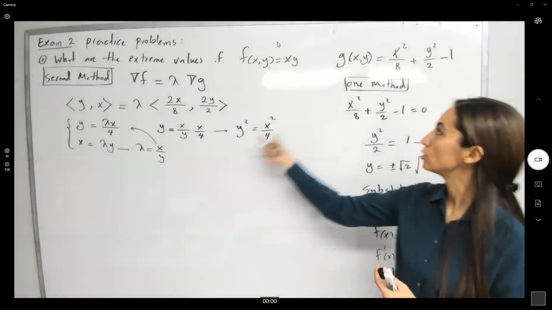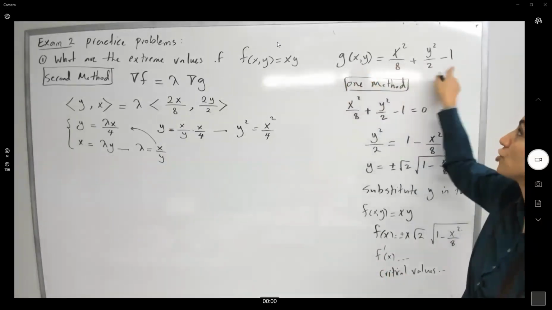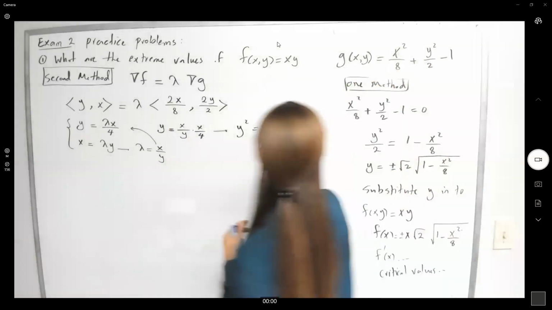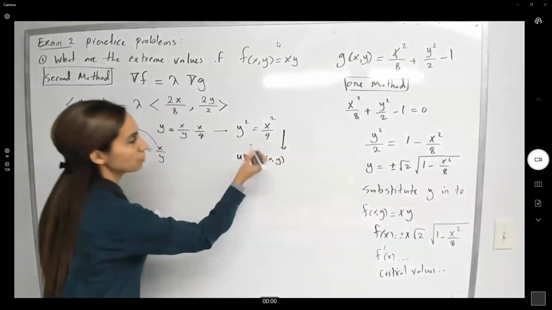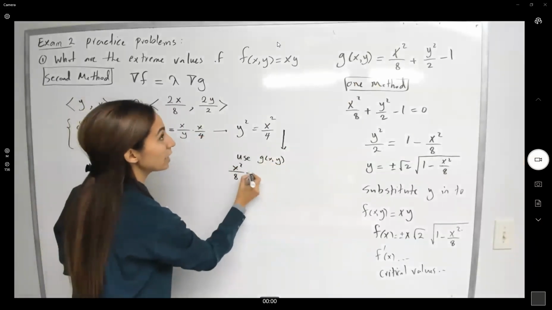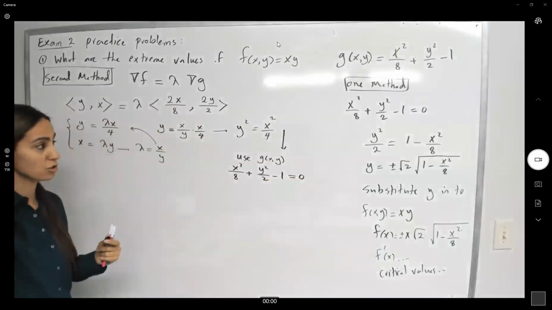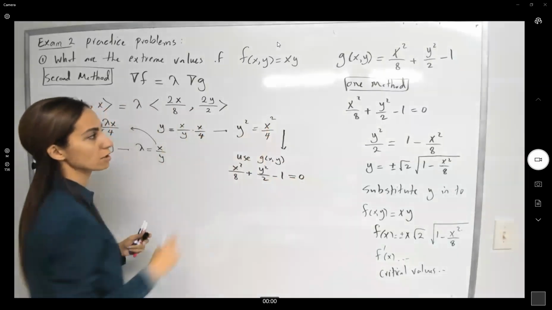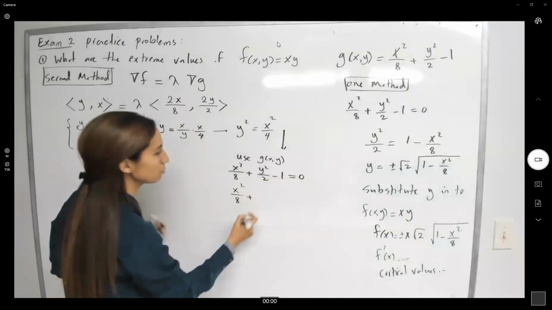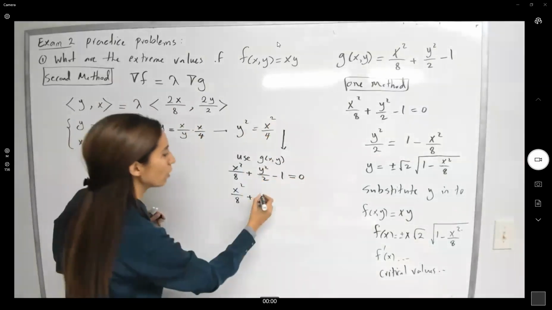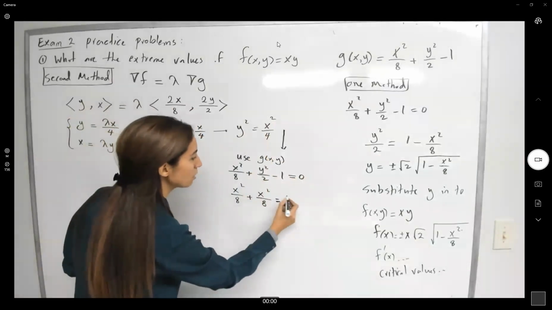Now use the constraint g(x, y): x squared divided by 8 plus y squared divided by 2 minus 1 equals 0. With y squared equal to x squared divided by 4, I get x squared divided by 8 plus x squared divided by 8 equals 1.